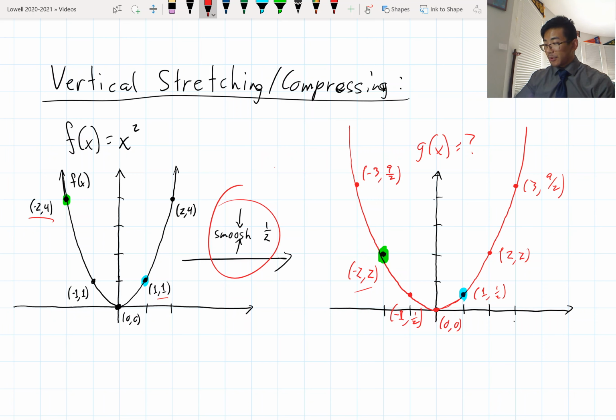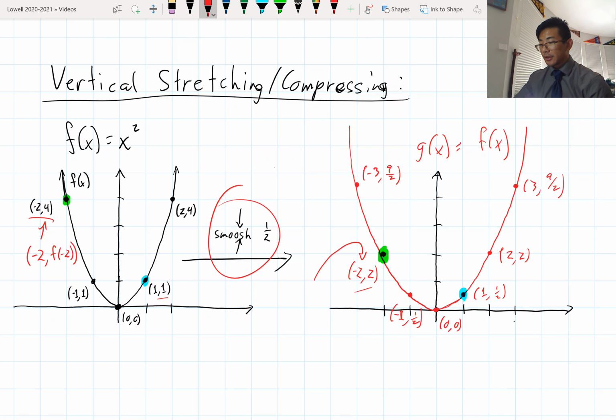And so I don't want to take too much time here because the horizontal one's going to take more time. Really, I could rewrite just g of x is the original f of x, right? It's the exact same value. Well, let's break it down because there's no reason not to take our time here. If I look at this green point here, on the left side, we have -2, f of -2.